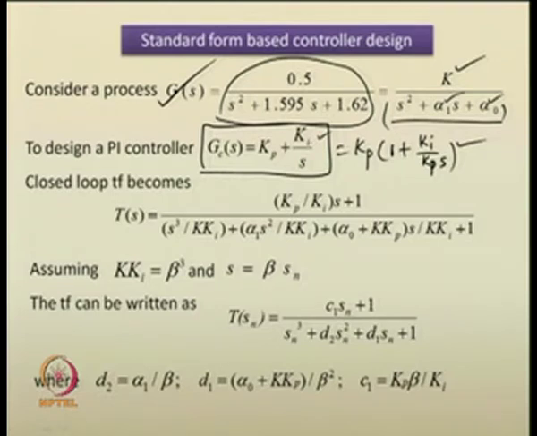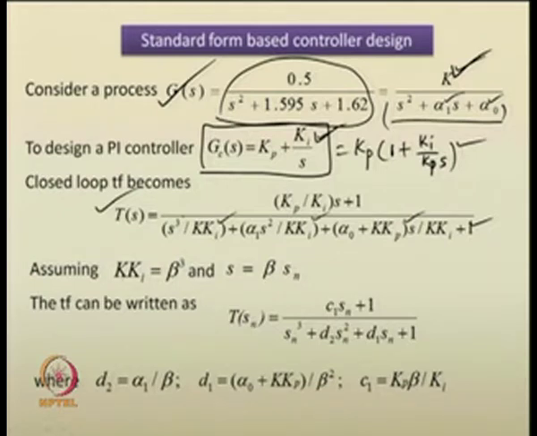With this process dynamics and PI controller dynamics, the closed loop transfer function becomes T(s) equal to (Kp/Ki s + 1) divided by (s cubed/k Ki + alpha 1 s square/k Ki + (alpha 0 + k Kp) s/k Ki + 1). So, the closed loop transfer function can be obtained in this form.